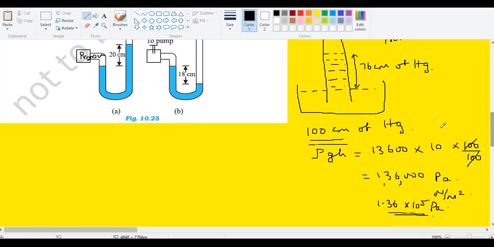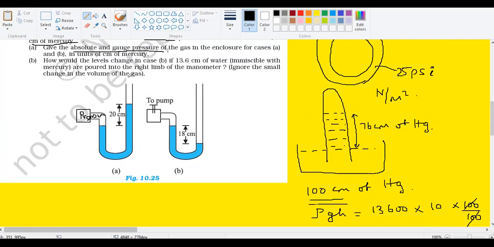So you should know that pressure can be talked in terms of Newton per meter square or Pascal, or sometimes we will talk in terms of mercury head. So this side is open to atmosphere, right? The atmosphere is acting here, which means 20 centimeter of mercury has raised here.